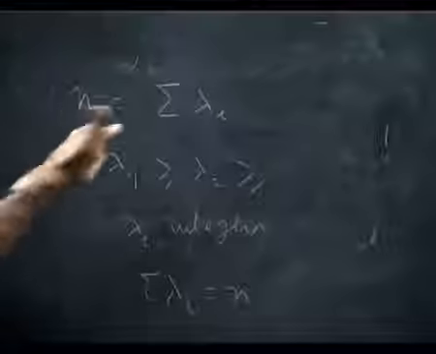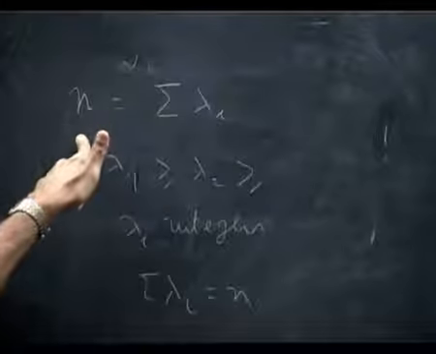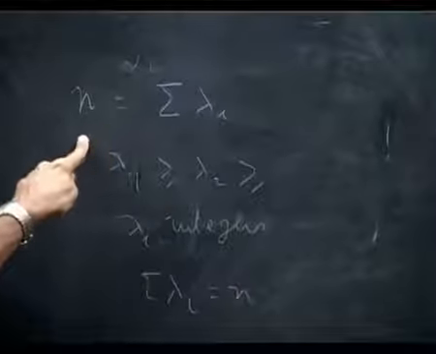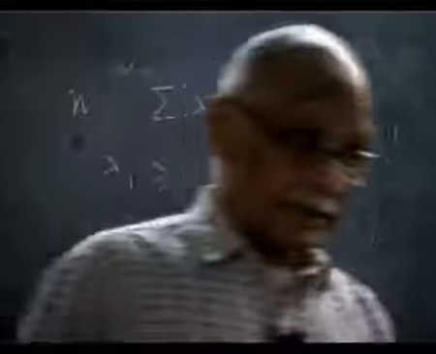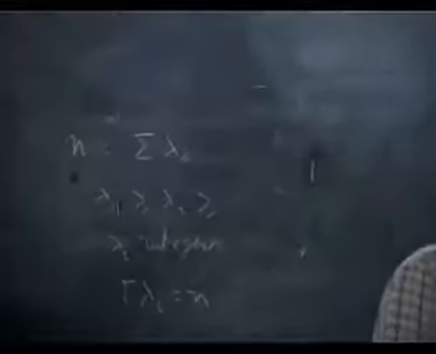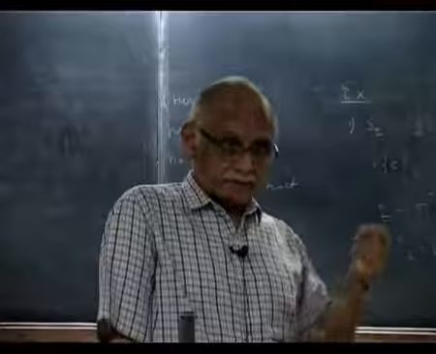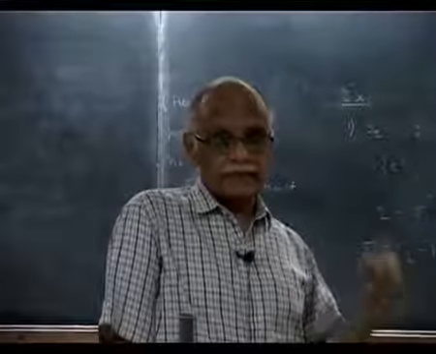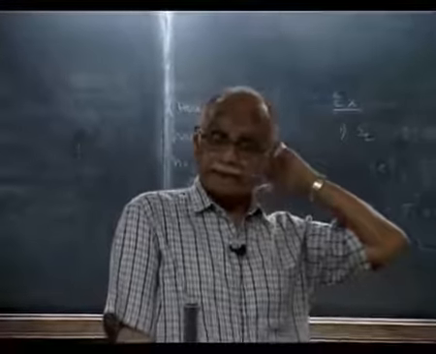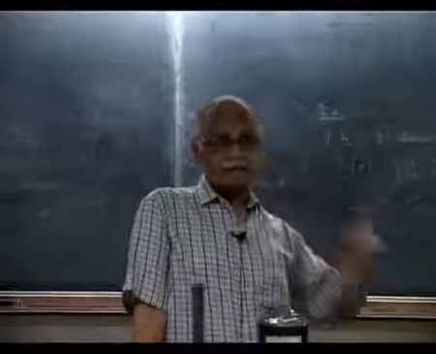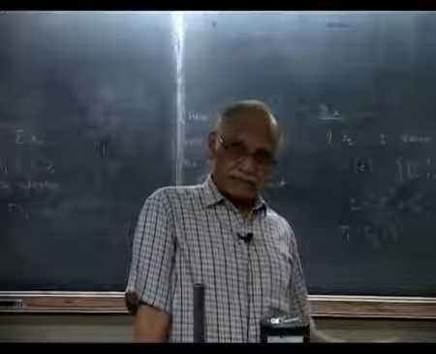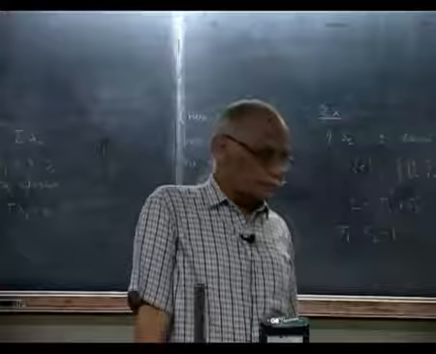Then you can ask how many partitions of integers are there, and for large n, how do you do it? This is a problem which was solved. The asymptotic series for these partitions is the work of Hardy and Ramanujan in number theory. It has been extensively used both in string theory and in statistical mechanics.